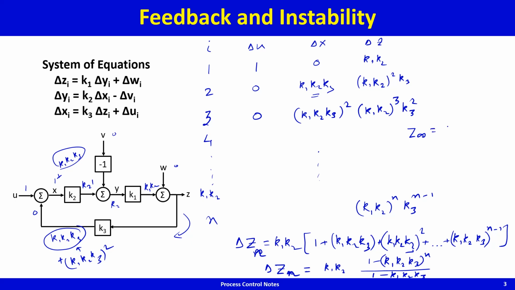and if k1 k2 k3 is less than 1, then this progression converges. If it is greater than 1, you can see that this progression will go to infinity. Z will keep blowing up for k1 k2 k3 greater than 1. For k1 k2 k3 less than 1, it will settle at some value.